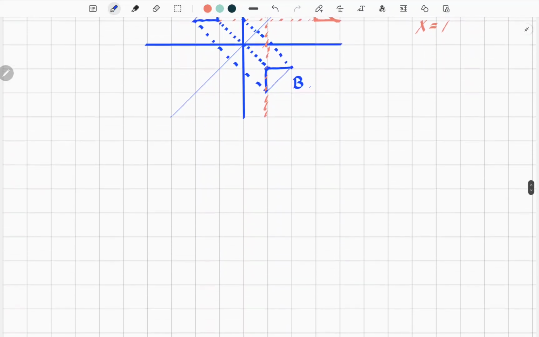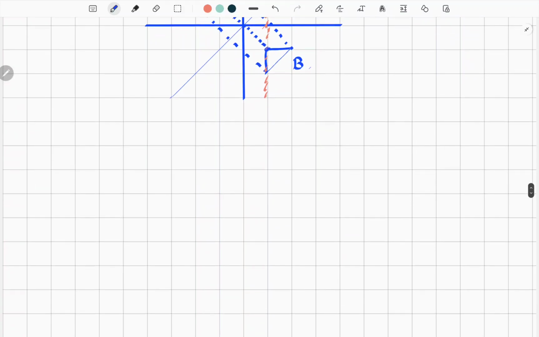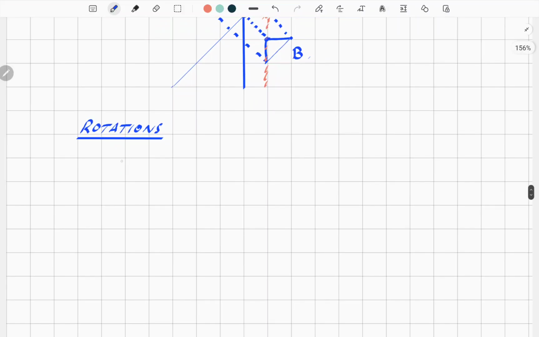And rotations. Here is where it gets a little more tricky, because with rotations, you need a couple of different bits of information to do a rotation.